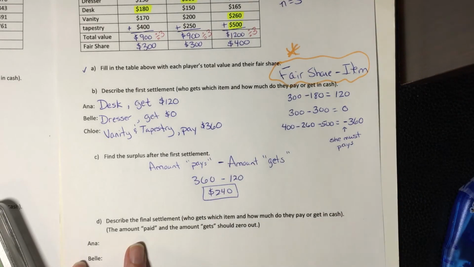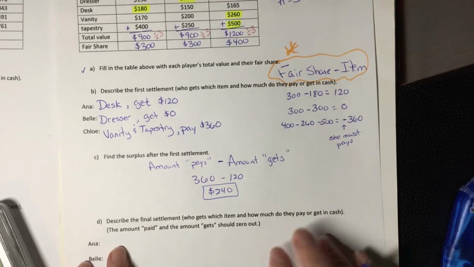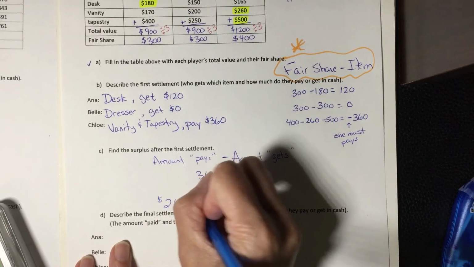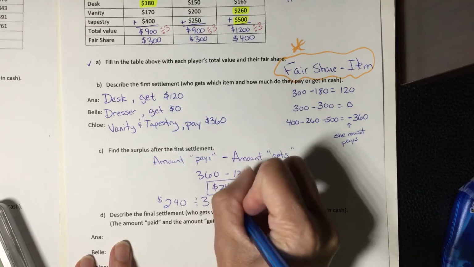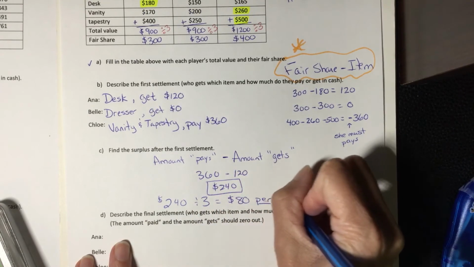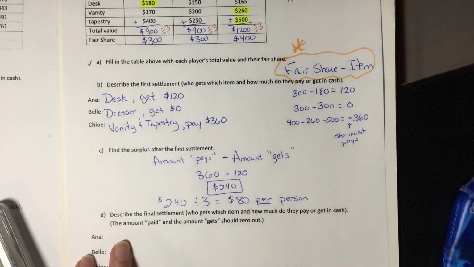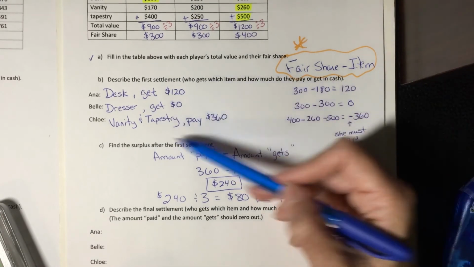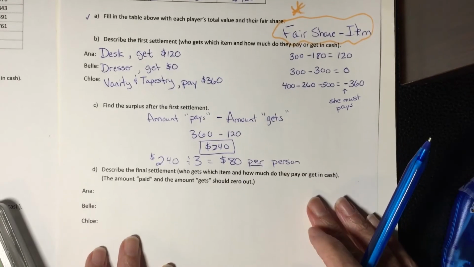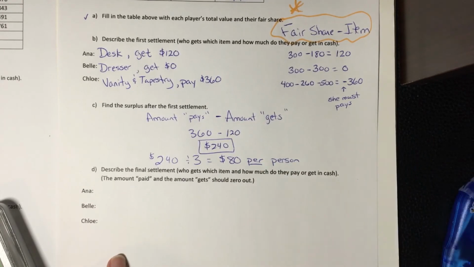Now, that is going to be divided amongst the 3 players. If we take $240 and divide it by 3, that gives us $80 per person. So we're going to take what we did up here on the first settlement, but give everybody an additional $80. Now we're going to do the final settlement.